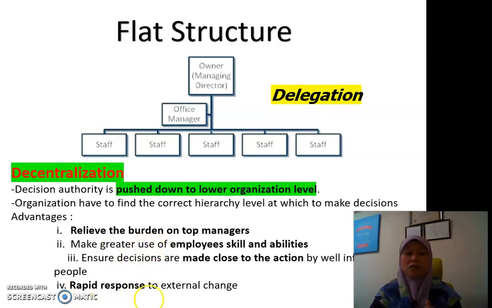It also makes greater use of the employees' skills and abilities, maybe in planning or controlling, which helps make faster decisions. It ensures decisions are made close to the action with rapid response. That's very important. If they apply the flat structure, the process of making decisions gets shorter and the work is done faster.